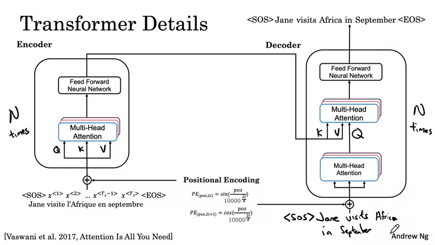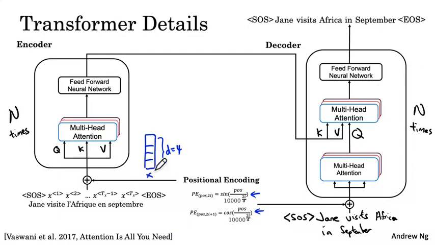So the way you encode the position of elements in the input is that you use a combination of these sine and cosine equations. So let's say, for example, that your word embedding is a vector with 4 values. In this case, the dimension d of the word embedding is 4.